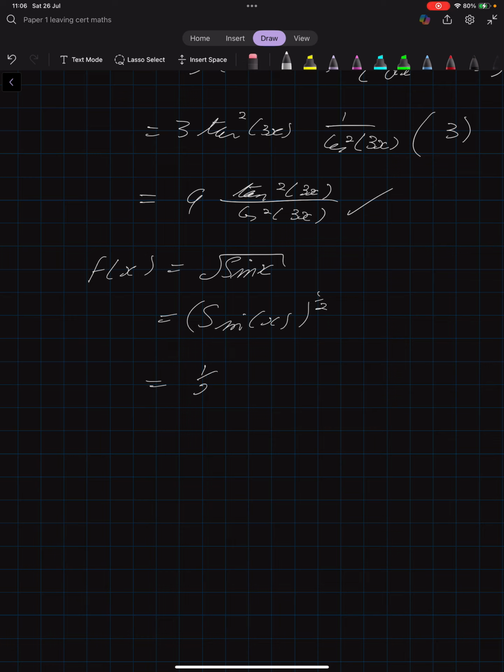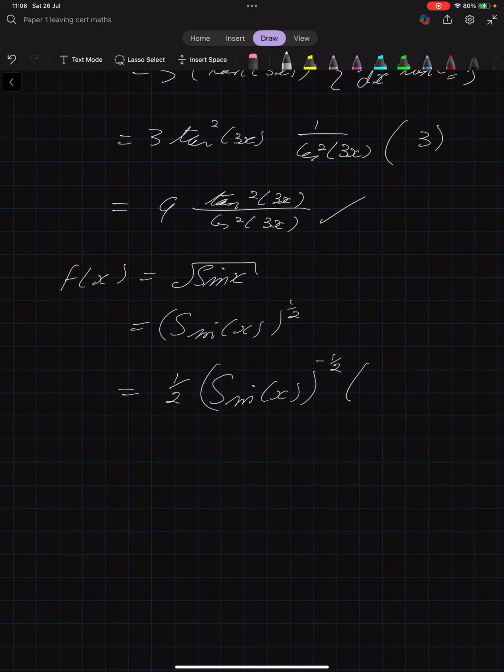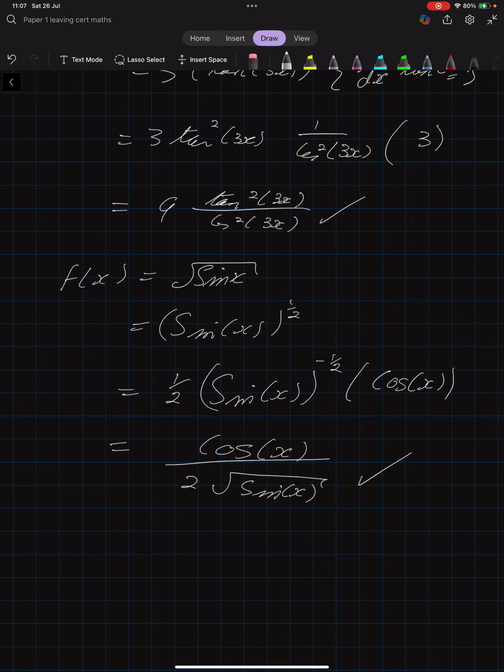It's just a half comes down, minus 1 off the power. And then you multiply by the derivative of what did you pretend was x? I pretended sine x was x. So you multiply by the derivative of sine x, which is cos x. So this is simply equal to cos x all over 2 square root of sine x. And that's it. Okay?